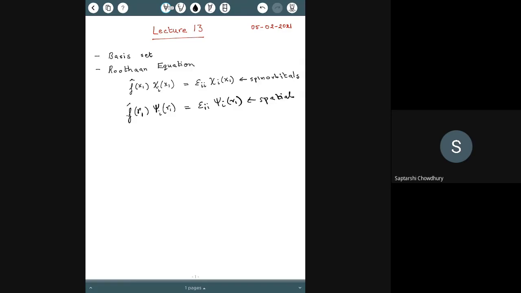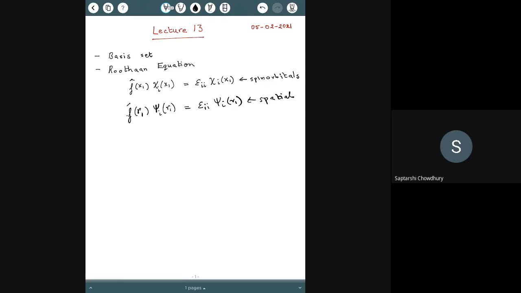If you just look at this and you remember that the Fock operator contains the kinetic energy operator, the nuclear attraction and the Coulomb repulsion, then it would appear that this is a differential equation, right? But we don't want to solve it like this. It is much simpler to solve a matrix equation. So that is what we will try to do.